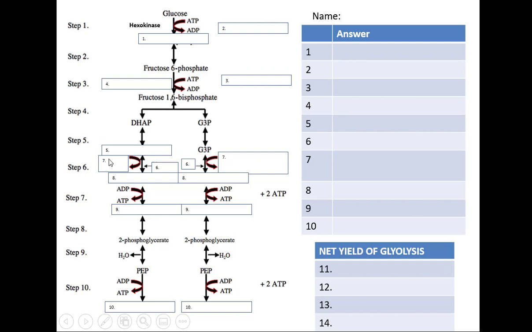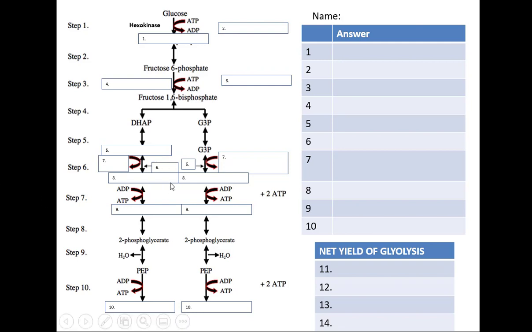So NAD plus becomes NADH plus proton. Did you remember? And what is number 6? Number 6 is inorganic phosphate, because we need to add more inorganic phosphate so we can produce more ATPs, right?